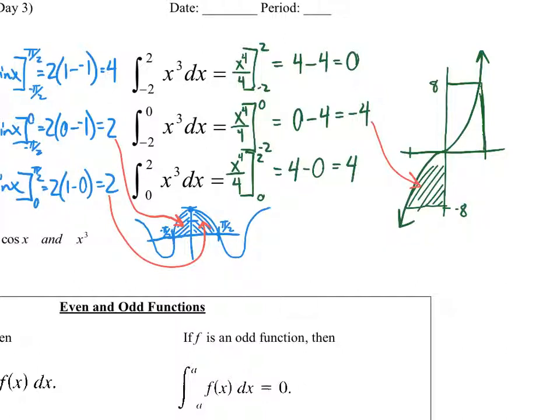Wait, sorry. I colored in the wrong side over here. That's not negative 4. This is negative 4. And over here, this is positive 4. And you'll notice those cancel out.